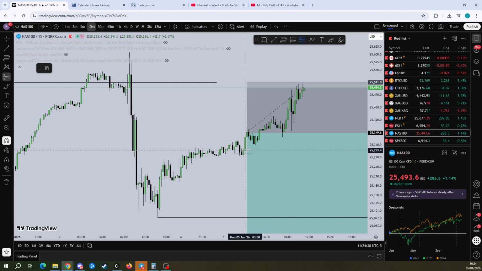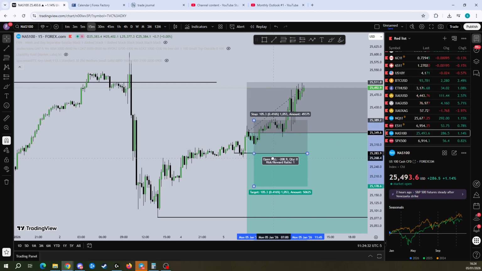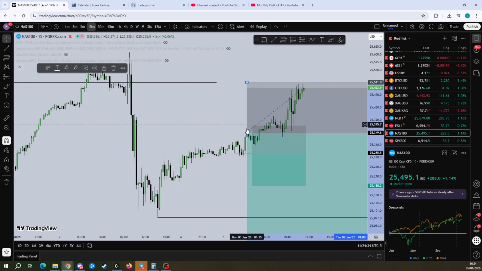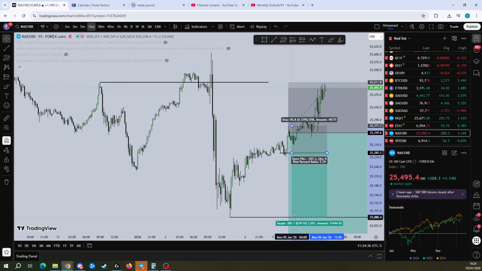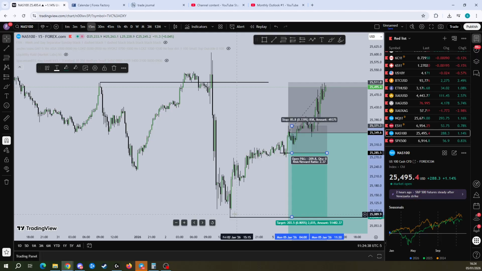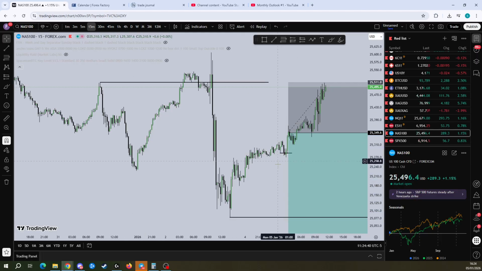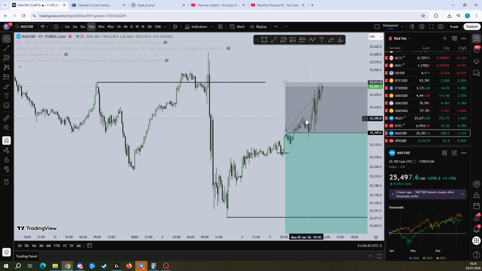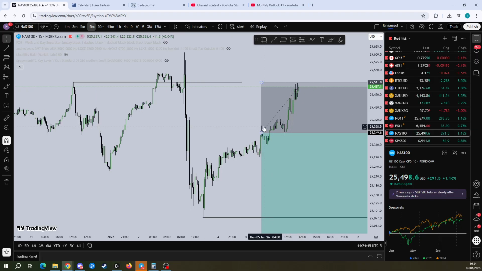So if we close below here, I probably would have shorted somewhere here in validation at the London highs, and then go for TP at this low. But we didn't get that. Price just started grinding higher. So what I had in mind was a potential New York reversal profile, where we sweep the London highs, and then if we invert this fair value gap, then we could start to see a sell off here.